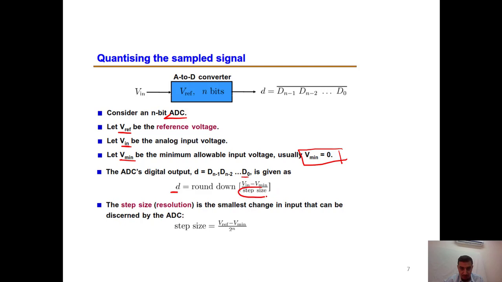The step size is equal to V reference minus V minimum over 2 to the power n.